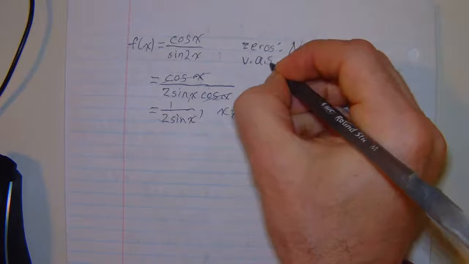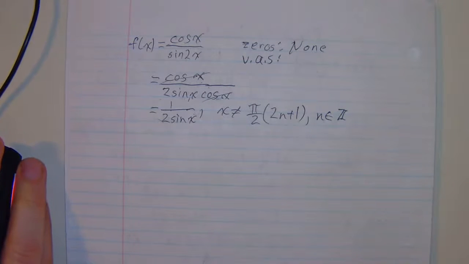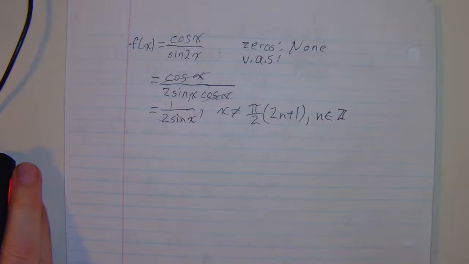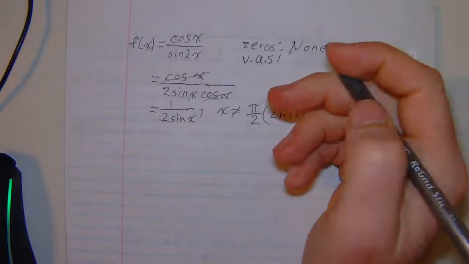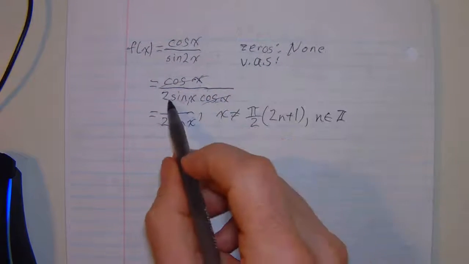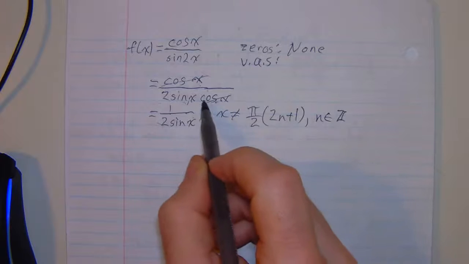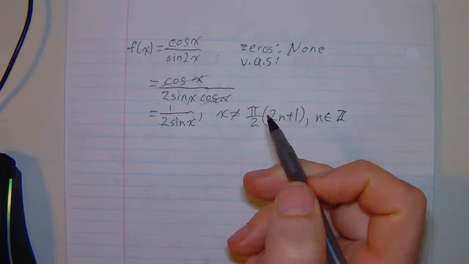Okay, so if we look at vertical asymptotes, we would expect them wherever there are zeros in the denominator that are not zeros in the numerator. And in this case, sine 2x is 2 sine x cos x. So it's going to have zeros anywhere cos x has a 0 and anywhere that sine has a 0.